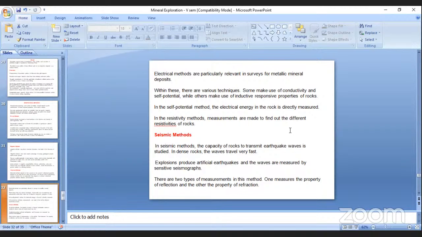If you go into the resistivity methods, particularly in a resistivity method, we are able to identify the metallic mineral deposits.